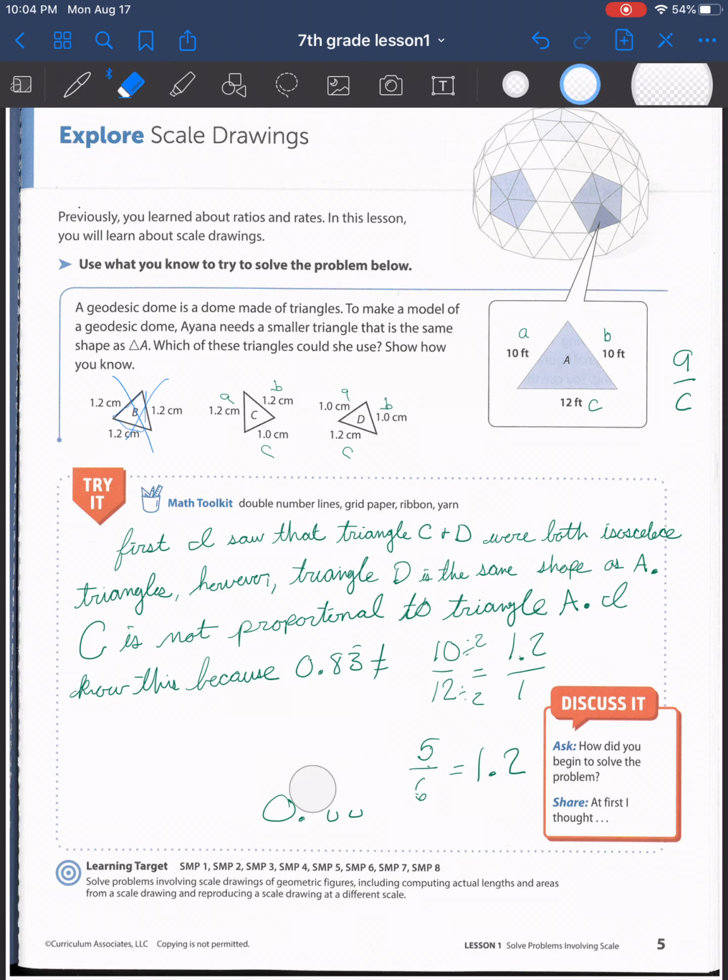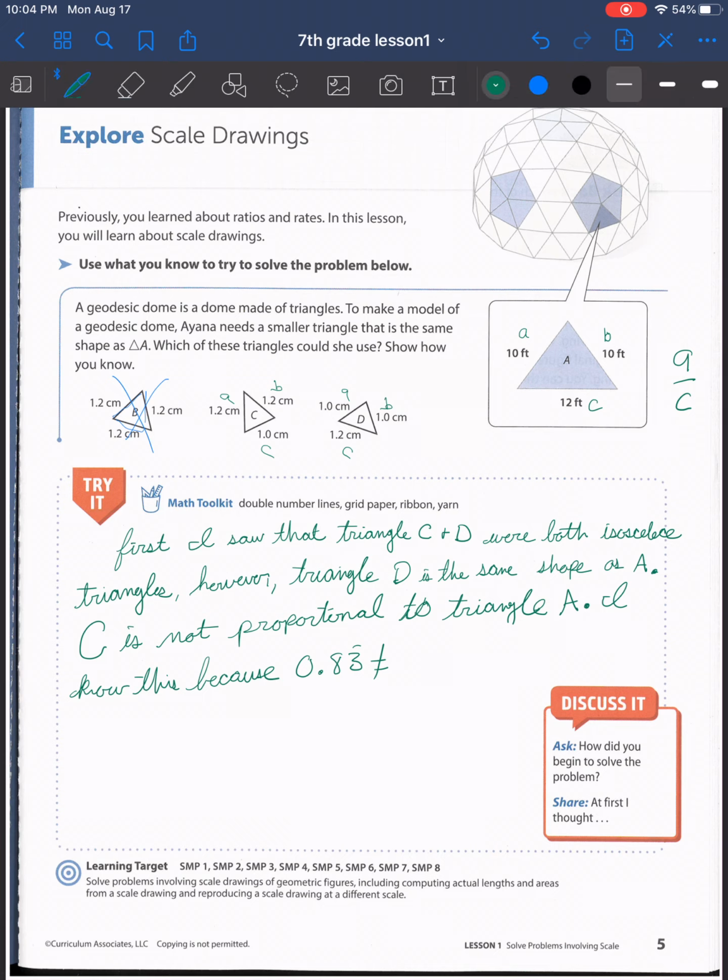So I'm going to erase my work a little bit just so I can fit some more stuff in here. Is not equal to 1.2. Okay. Period.